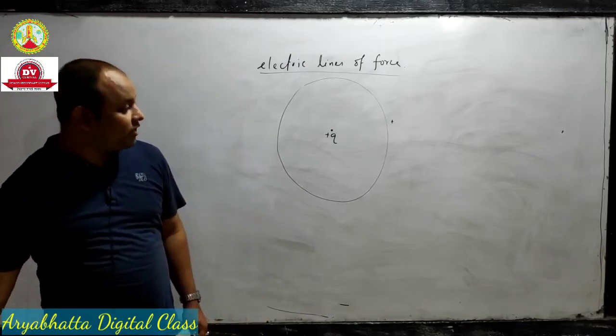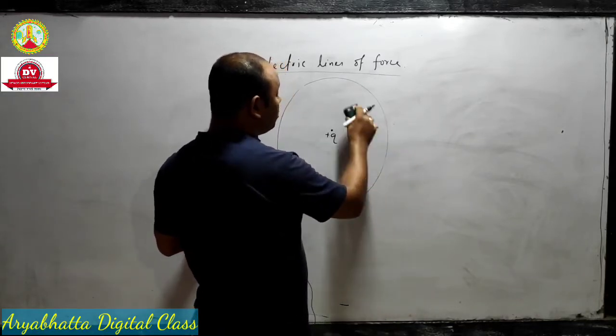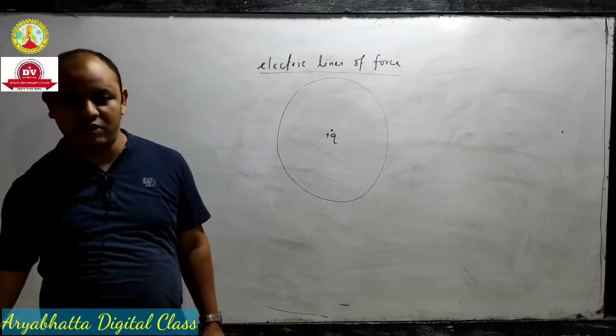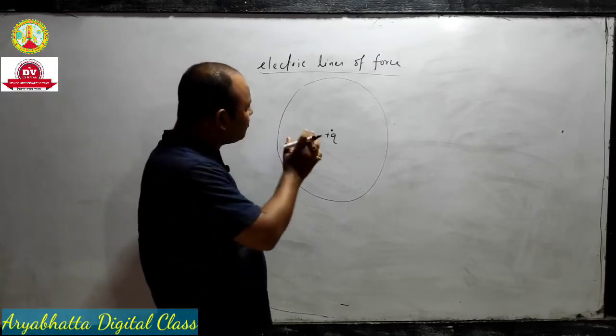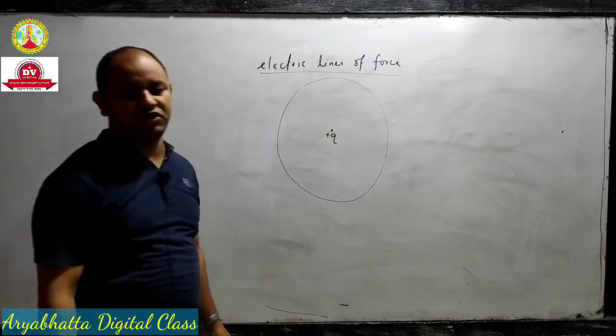So electric field means the region surrounding the point source in which it can exert some appreciable amount of force. Suppose this is a point source and this is its electric field.